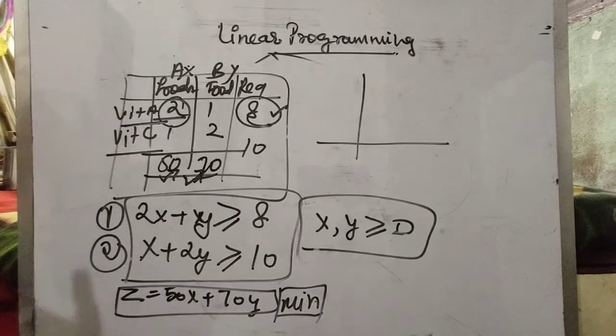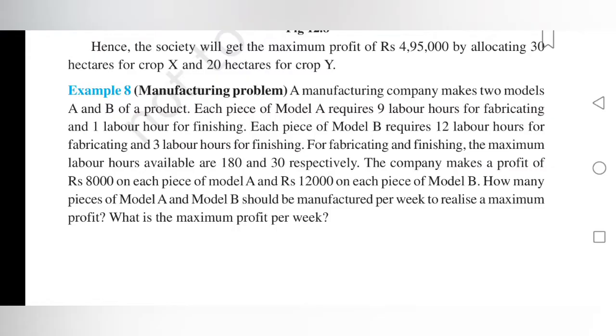Okay, so coming on to the next problem, that is the manufacturing problem. I'll not say it is complex, but you need to form the question in such a way. So I'll switch to the manufacturing problem now.